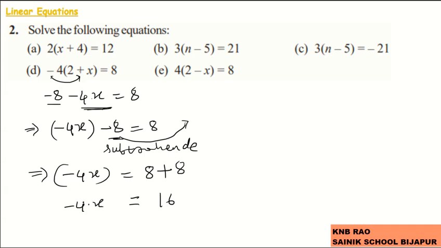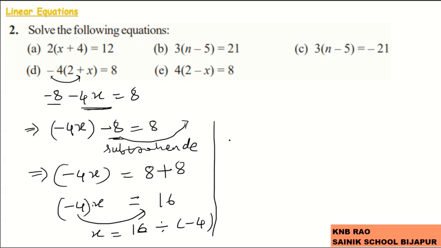Now this minus 4 is multiplying. If it is transposed, it does the division. So x equals 16 divided by minus 4. You know division of rational numbers: 16 by 4 gives you 4, and positive by negative gives you negative. So therefore x equals minus 4 is the solution of this equation D.